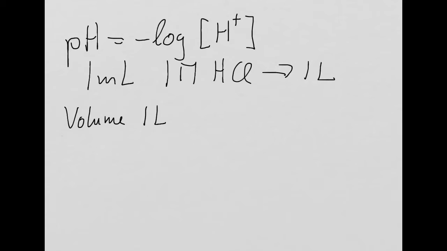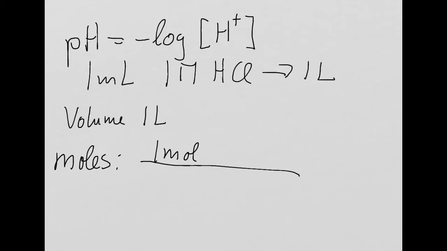Now, how many moles do we have in there? Well, do we have moles anywhere in our given? Yeah? What do we have? 1 molar. So it's 1 mole per liter. That's this guy here. And we take 1 milliliter of that.